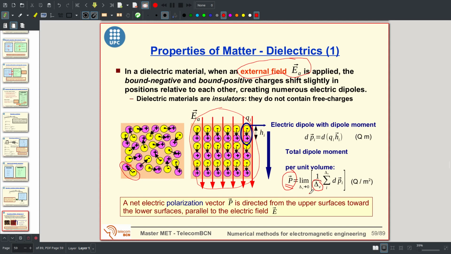That is, P is the volume density of dipole moments, and we call P the polarization vector. If the molecules inside the dielectric are not polarized, it is the electric field that polarizes the molecules and then orientates the dipoles. Okay? So the important thing is that there is a net polarization vector.